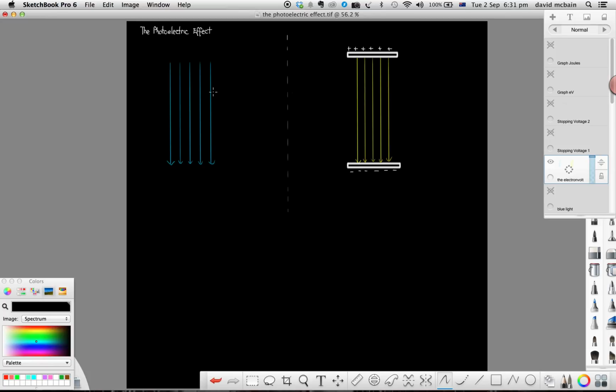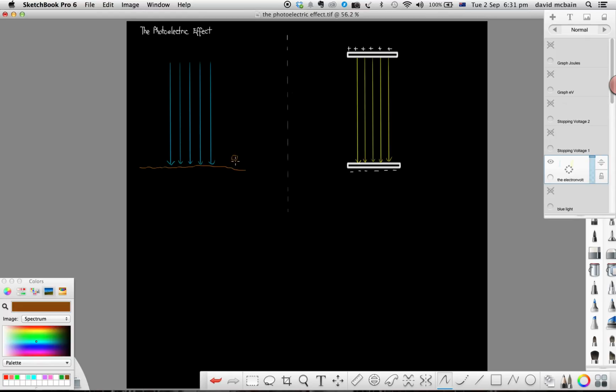Okay. So, in order to help you understand this, I am going to use an analogy. I'm going to relate the idea of electric fields with something you're familiar with, which is a gravitational field. Over here on the left, we've got a gravitational field. And here is the ground.